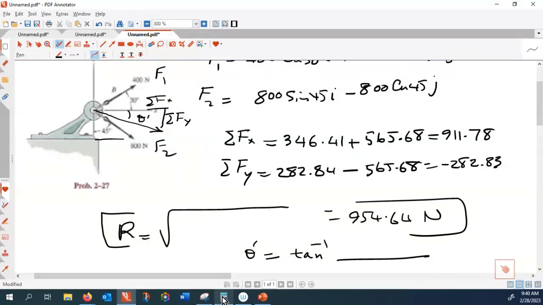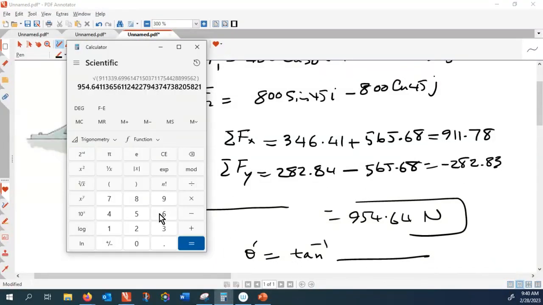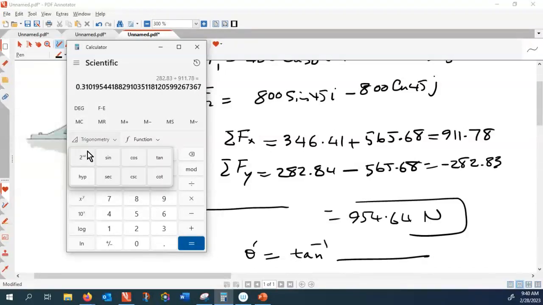That is 282.83 divided by 911.78, and then you have to get the inverse tan.